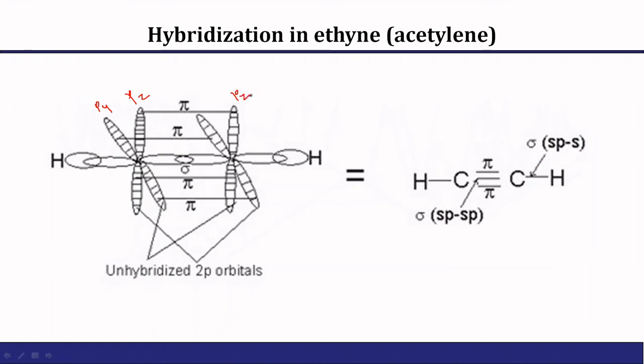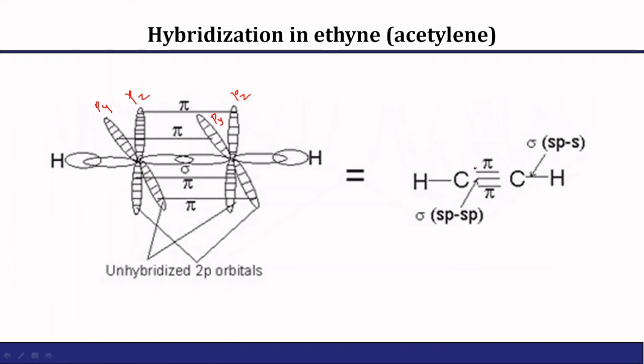So these two will combine together, these two will be involved in sideways overlap, and the other one too. So there is the possibility of the generation of two pi bonds here.